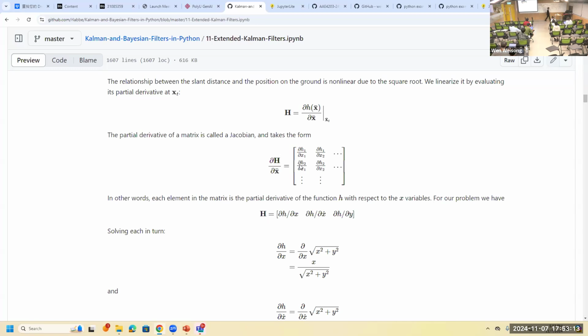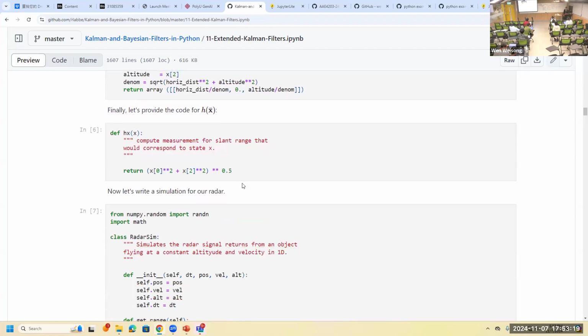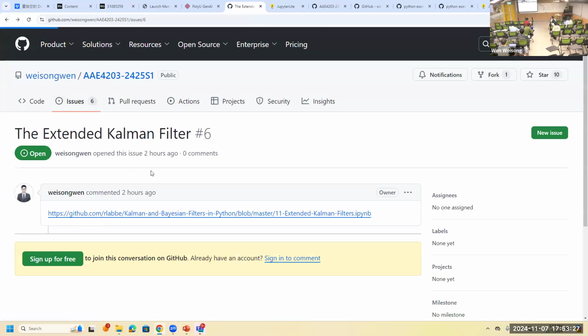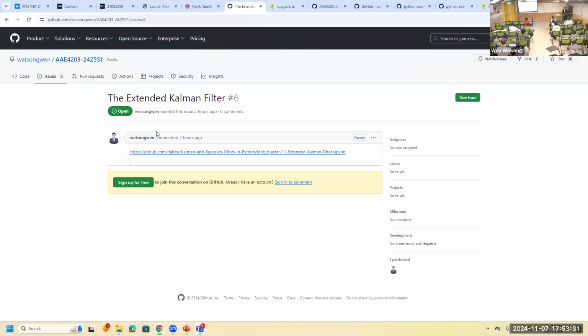After the linearization, you can get the partial differential H. They also provide examples, so you can take a look at this link before we start next week. The link can be found in these issues, the Extended Kalman filter one. You can take a look first.